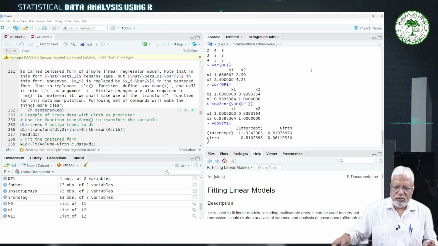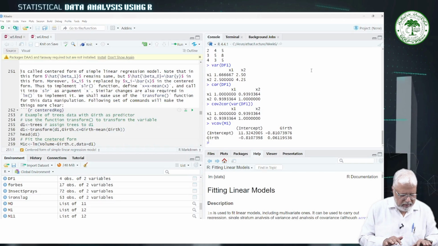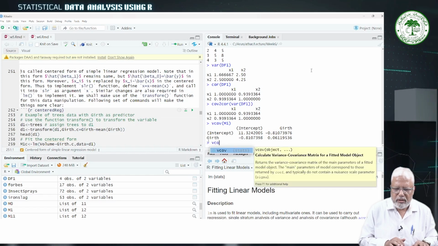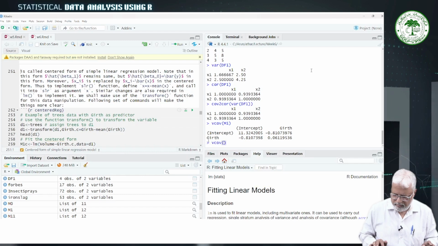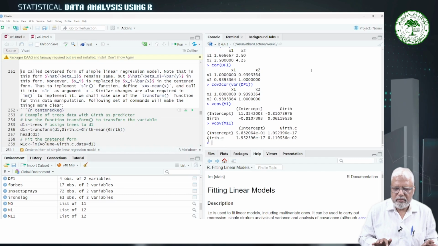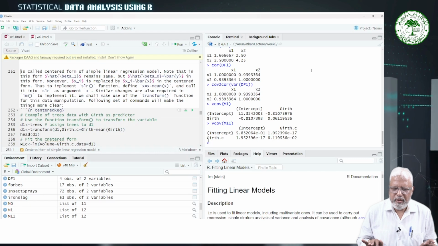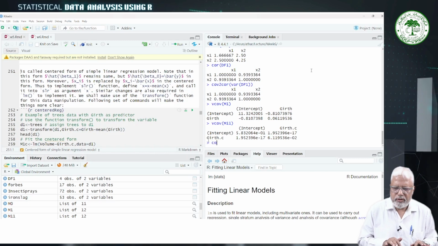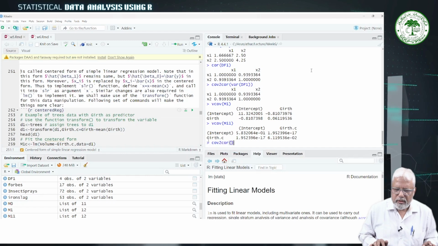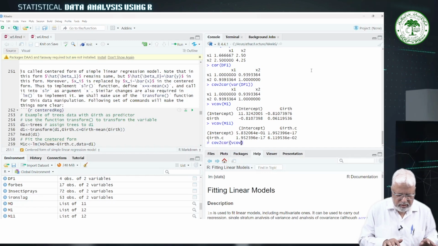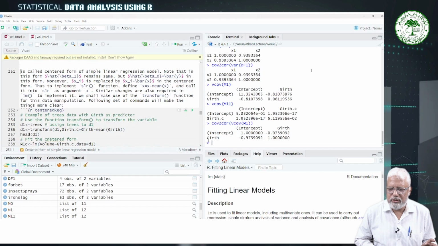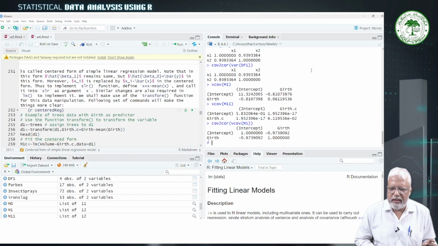Then vcov of M11 is like this. But when we convert with cov2cor of vcov of M1, it gives this correlation matrix, where beta naught and beta 1 are highly correlated.